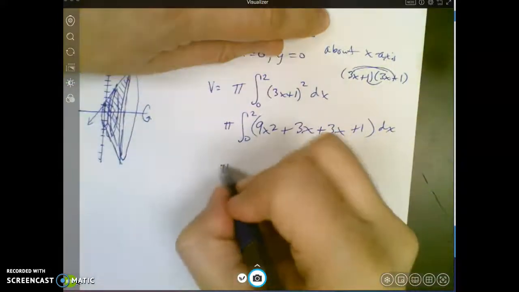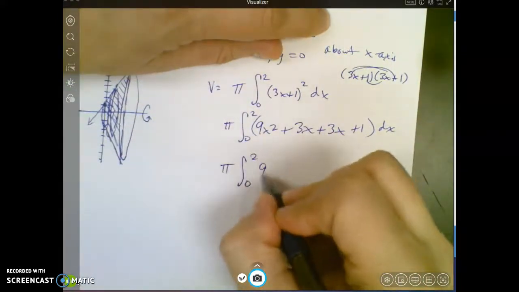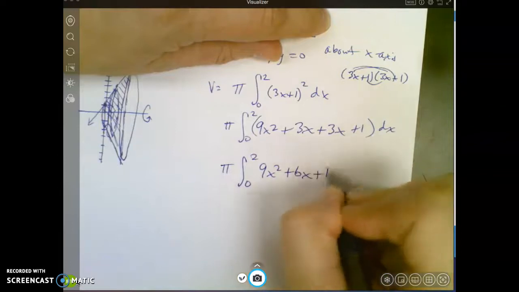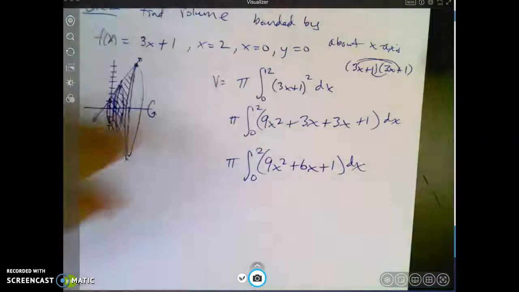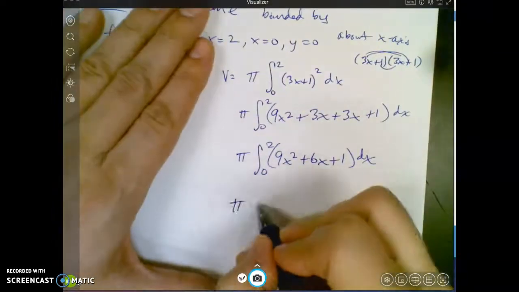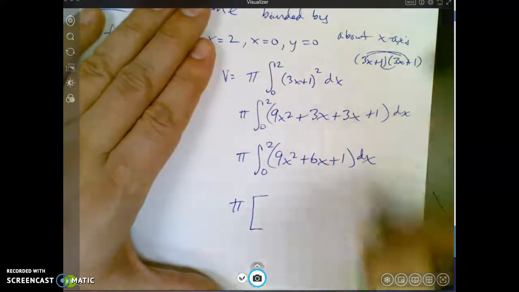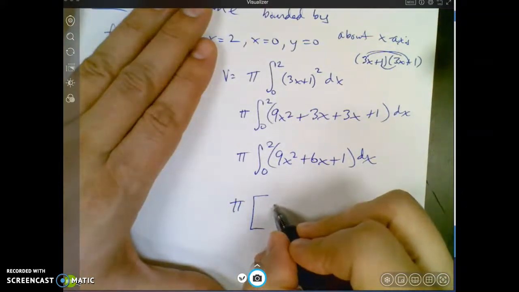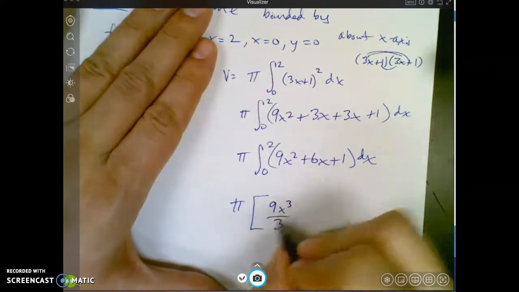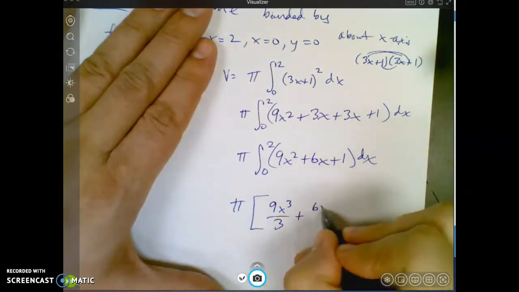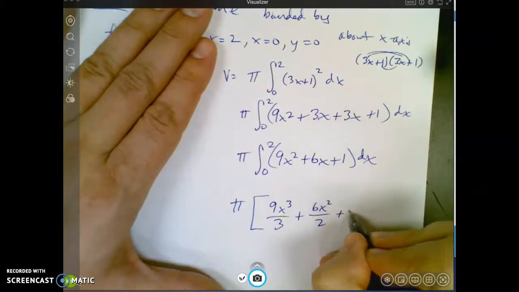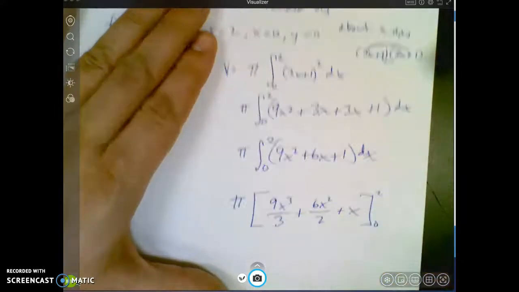Sometimes you have to go through the squaring process. But after you do that, is it really hard to do the integral? No. All you have to remember is your pi and your squared, and these problems are pretty easy. So you're going to go 9x cubed over 3, raise the power up, divide by the new one, 6x squared over 2, and x, from 0 to 2.